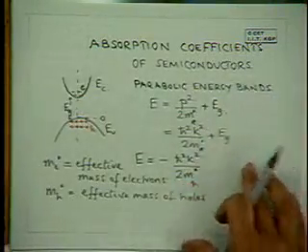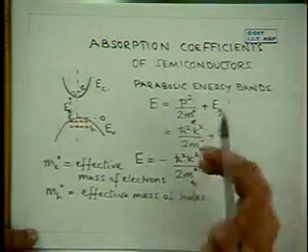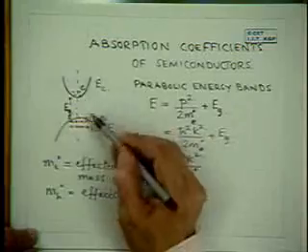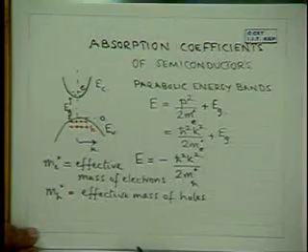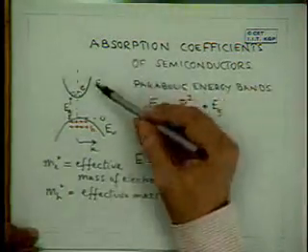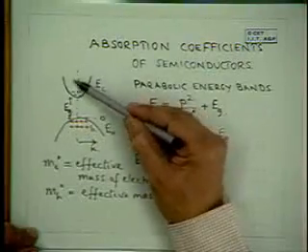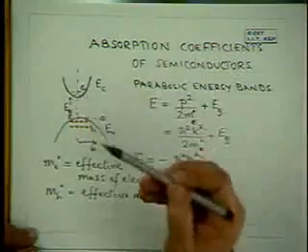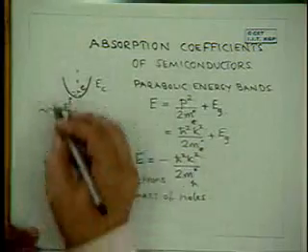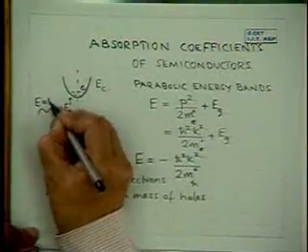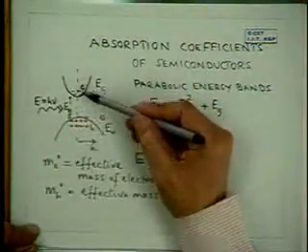Now, in order to calculate alpha, this is the first step. We have shown how the energy of the electrons varies as a function of k. Now, we have to find out how many electrons are there in the valence band and how many empty states are there in the conduction band, because we are thinking of a radiation coming in, E is equal to h nu, which is exciting electrons from the valence band to the conduction band.